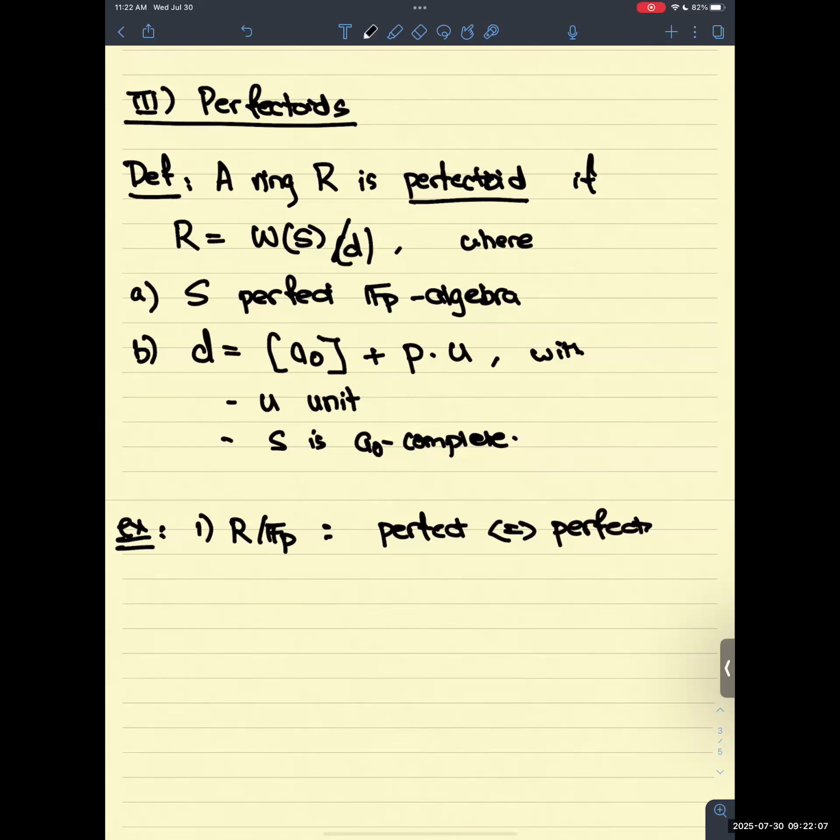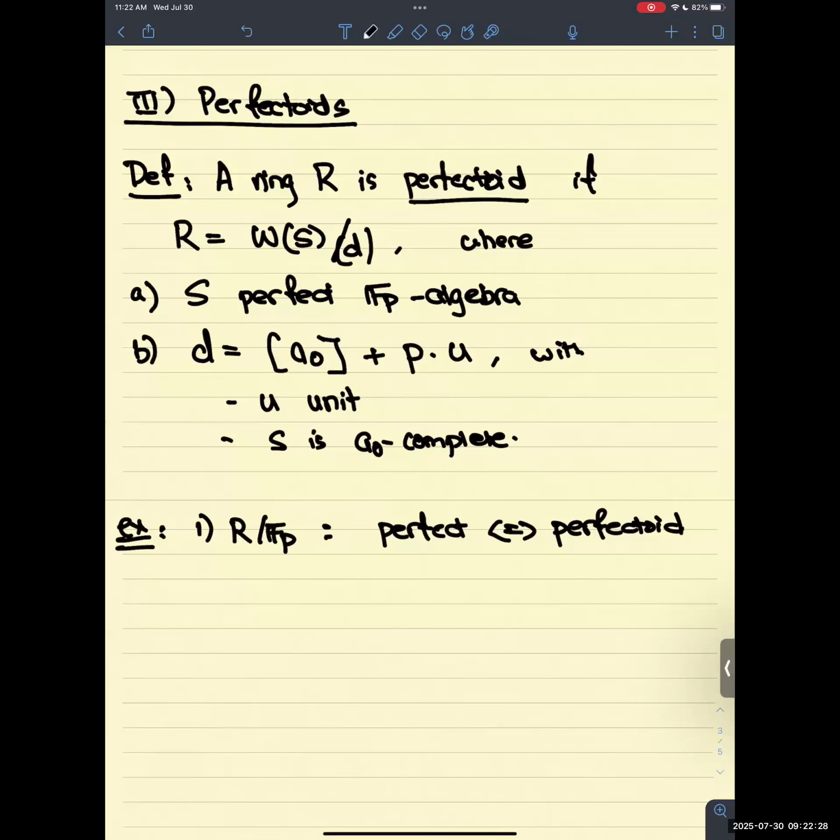For rings of characteristic p, this is nothing but the condition that Frobenius is an automorphism. One direction is relatively easy. If you have a perfect ring of characteristic p, you can just write it as W(R) mod p, and the element d equals p satisfies these two conditions because this quantity goes away and this quantity is 1.